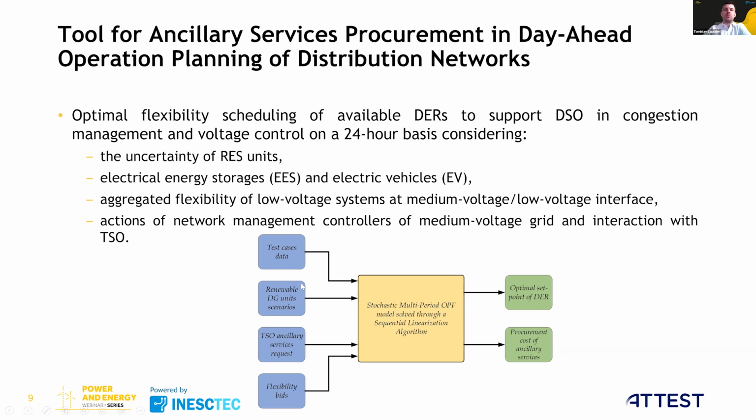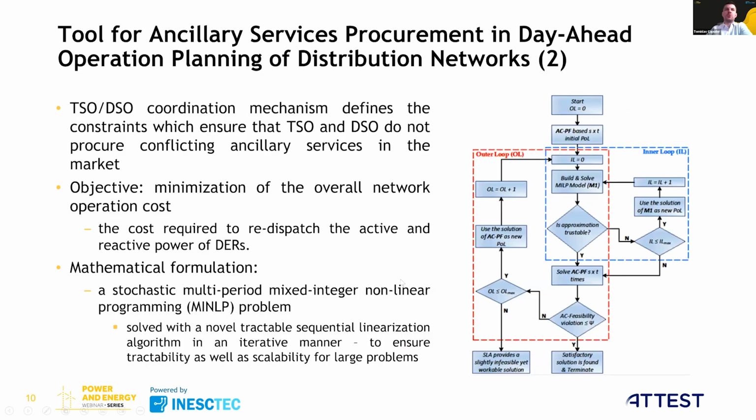We created the renewable scenarios, also forecasting the uncertainty of production from renewable energy and storages. In the case of the distribution system level, we also have a request for ancillary services from the TSO, and then flexibility bids which come from distributed resources. And you run a stochastic multi-period OPF model, and there's a sequential linearization algorithm which gives you a solution.